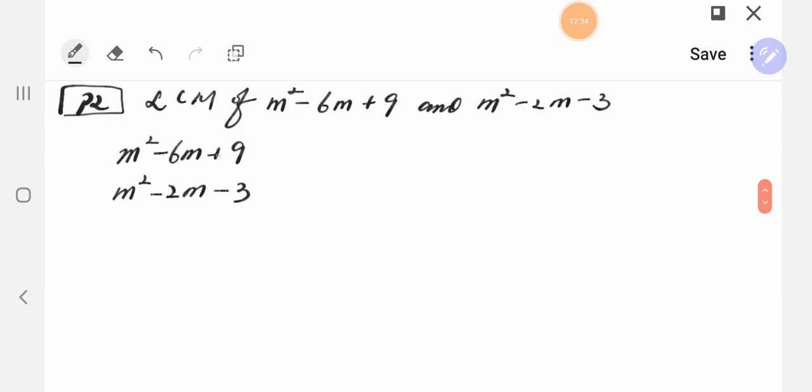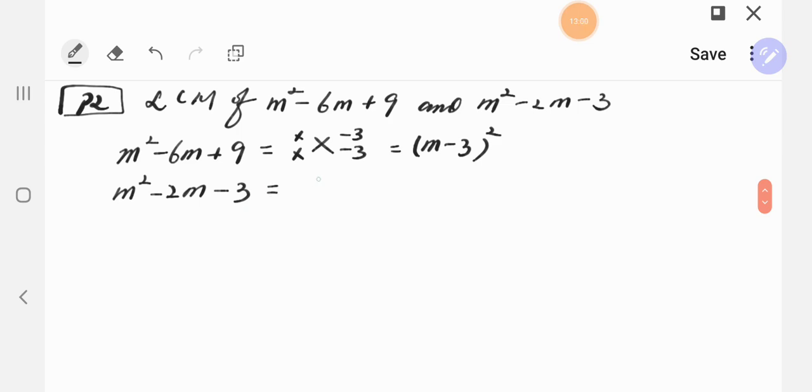Okay, so if you did this, let's factor this one. 9 is 3 times 3, and we need the negative, so put both negative. So it will be negative 6m. So this is equal to m squared minus 6m plus 9, which is m minus 3 multiplied twice, so m minus 3 squared.